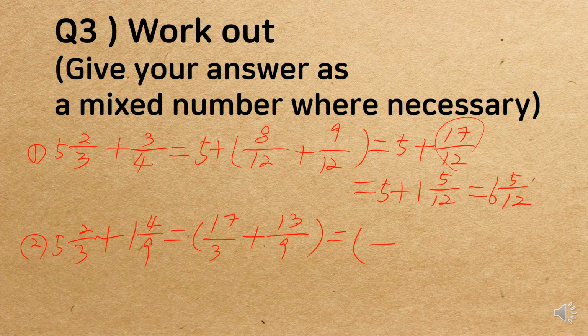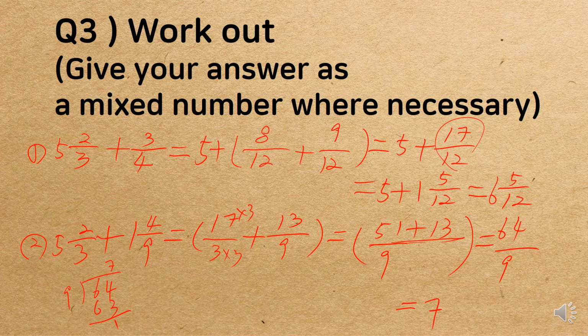We can make the same denominator 9: 51/9 plus 13/9 equals 64/9. Then 64 divided by 9 equals 7, which is the quotient. The remainder is 1. So the final answer is 7 and 1/9.